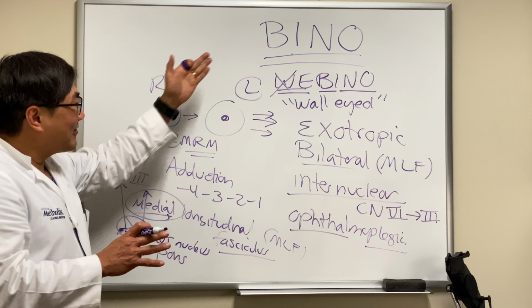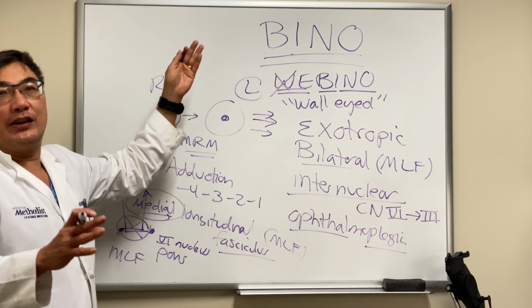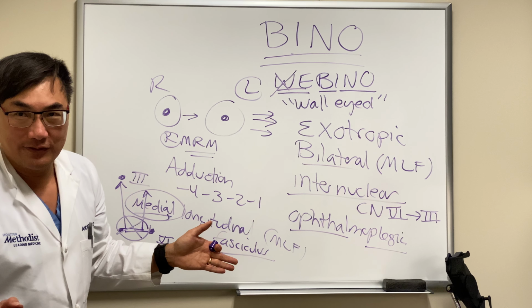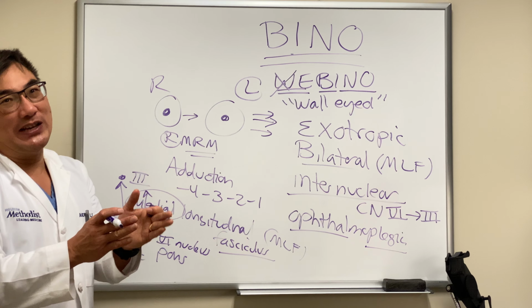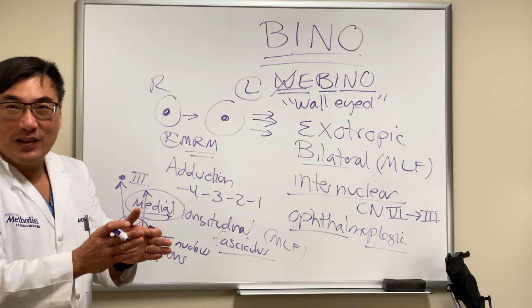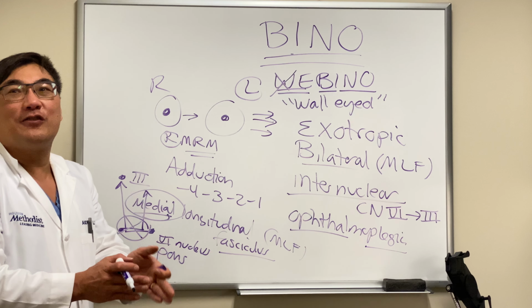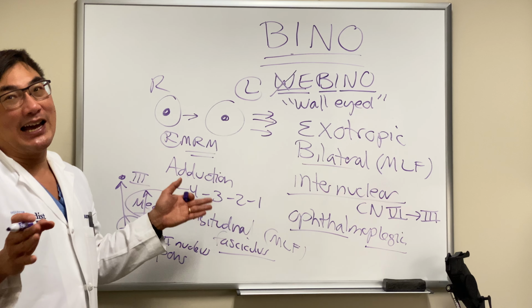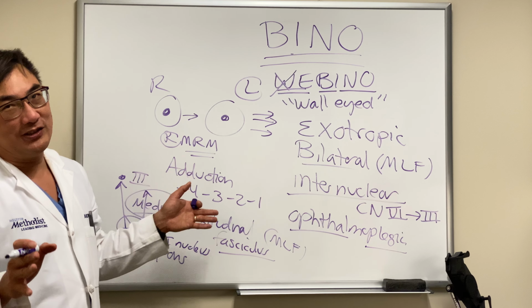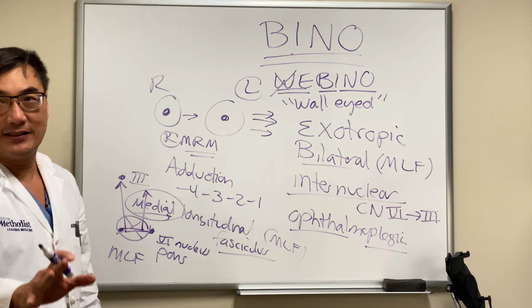So bilateral lesions are necessary when lateral structures are involved, and a single lesion can cause a bilateral finding if it's medial. So a bilateral clinical finding can occur from a medial structure, but a bilateral clinical finding from a lateral structure actually probably requires 2 lesions or a non-localizing mechanism.